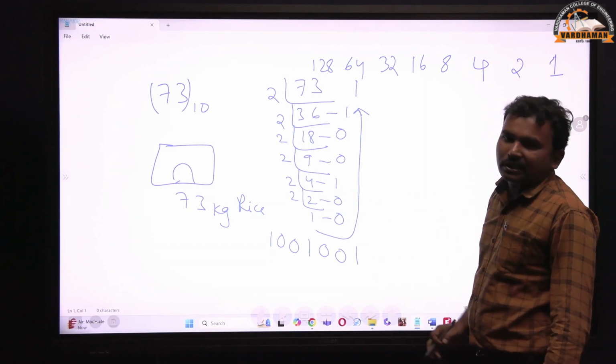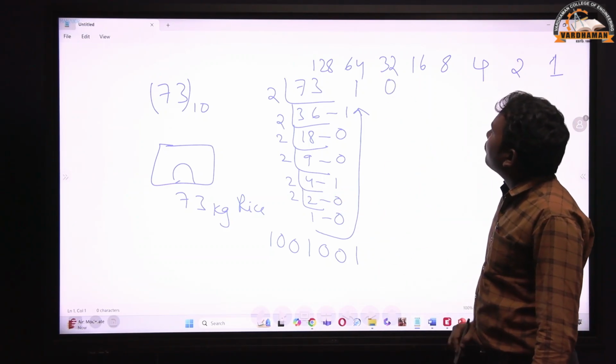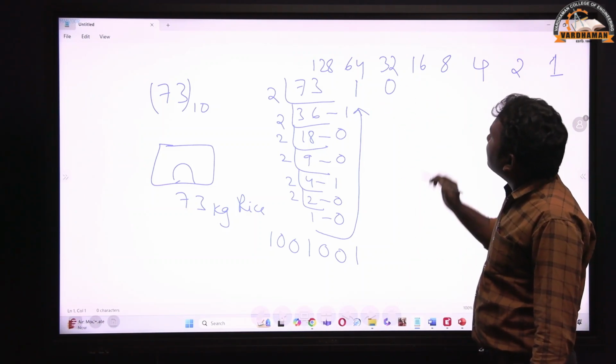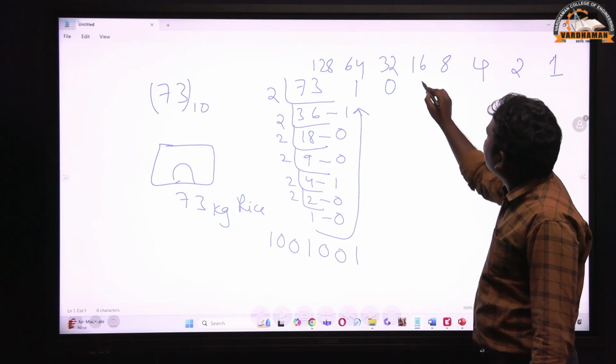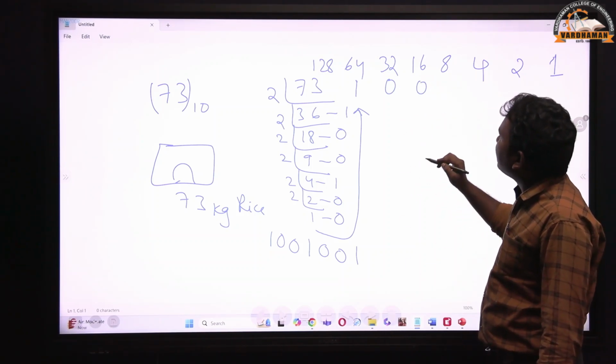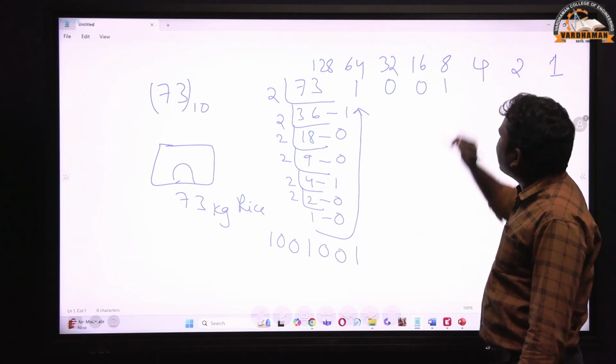It will exceed 73, so we won't include it. Now, 64 plus 16 also exceeds 73, so keep a 0. 64 plus 8 is 72, which is less than 73, so I'll keep 1 here.